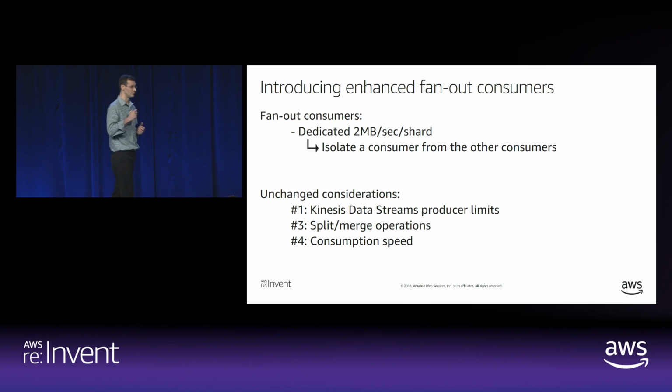What this does not change is the fact that Kinesis still enforces limits on the data producer, and that Kinesis still works the way it does by splitting and merging shards. It also doesn't change the consumption speed, because the bottleneck is not the consumer reading the data from Kinesis, but a little bit further down the stream.